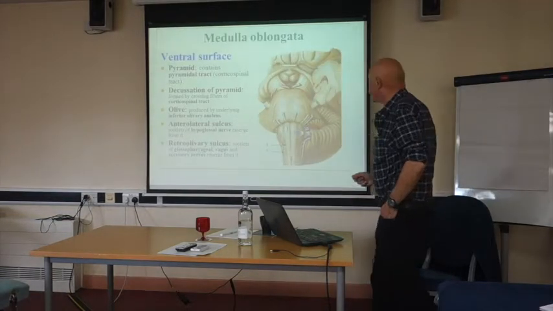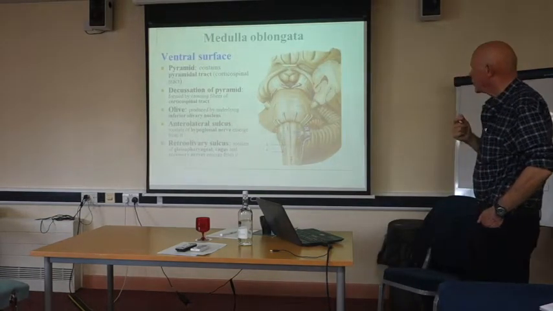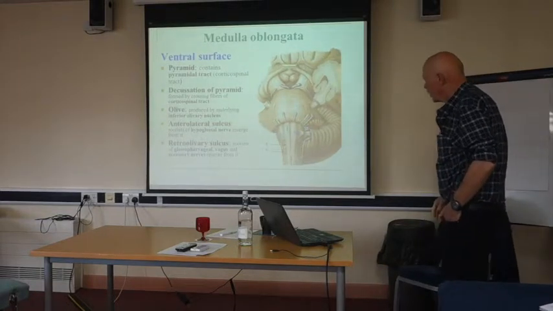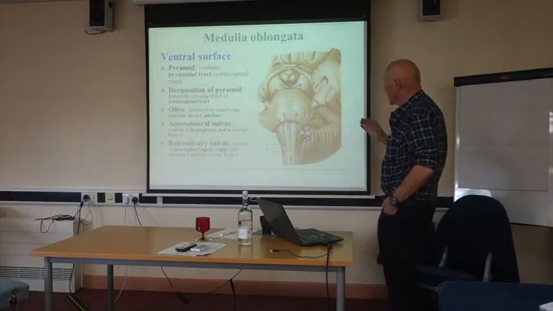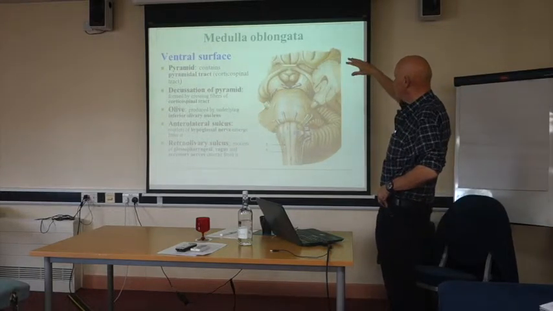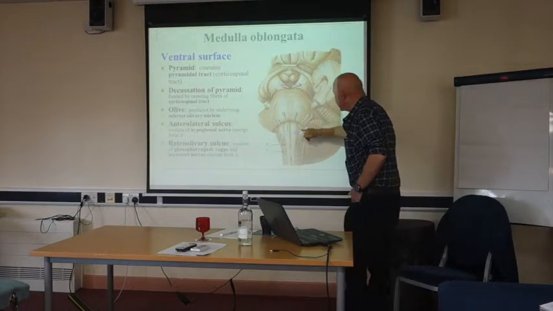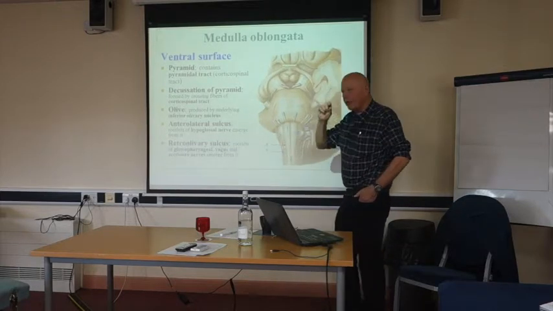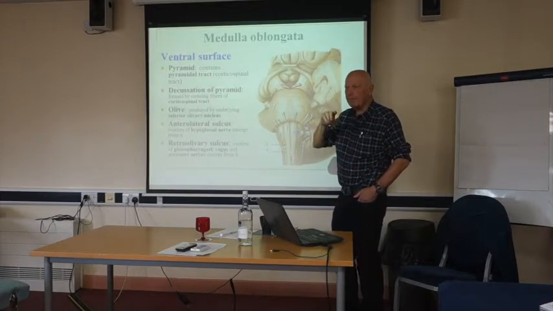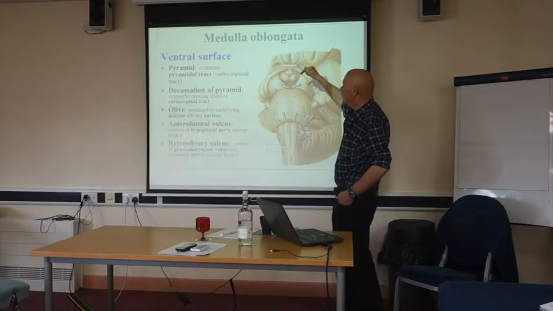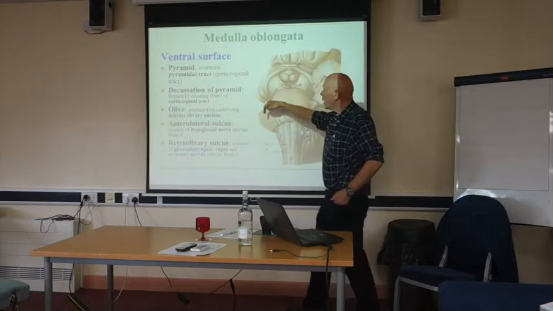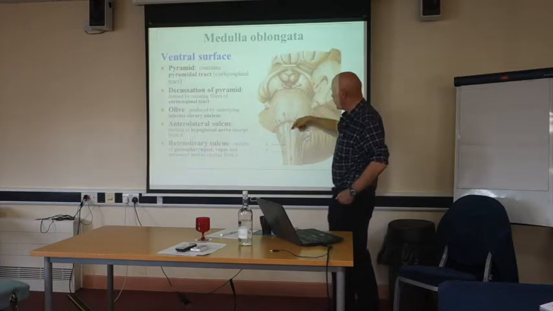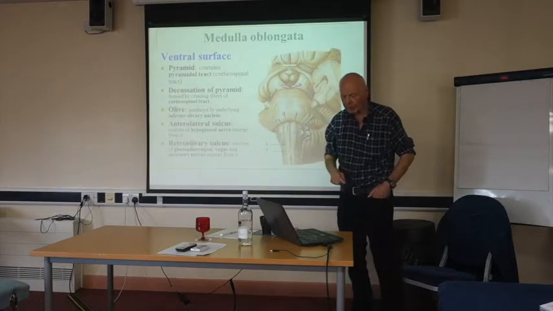The reason that it's called the pyramidal tract is that an early anatomist, when they were looking at the anatomy of the brainstem and the medulla, found these areas here, which they thought were vaguely like pyramids in shape, and these areas take most of the nerve fibres from this tract. So it goes through these pyramids, hence it was called the pyramidal system.